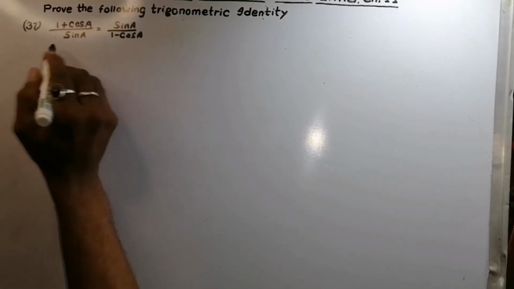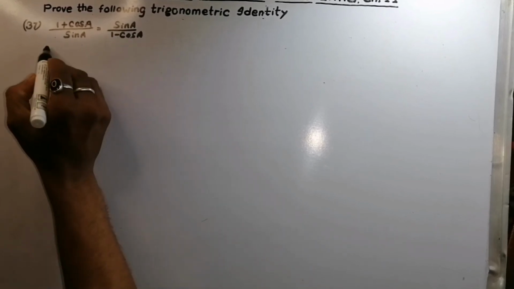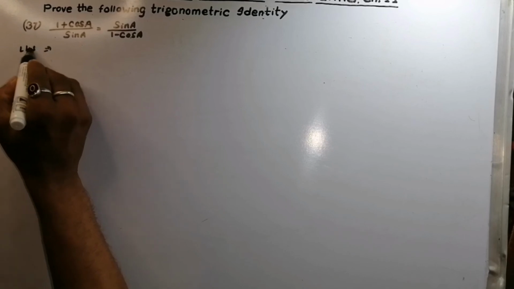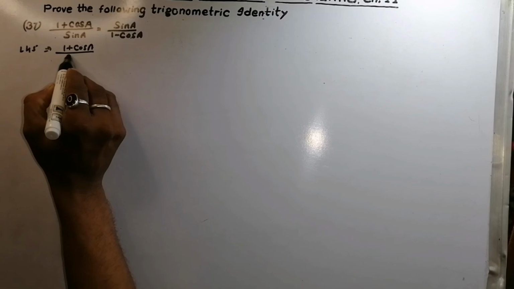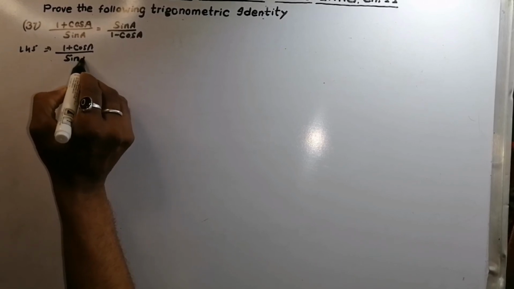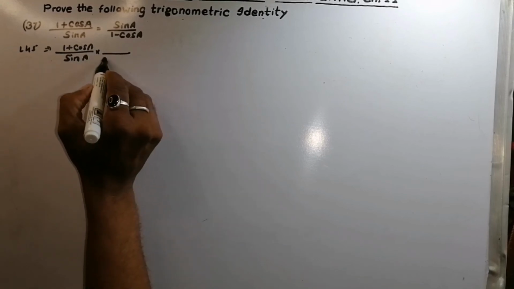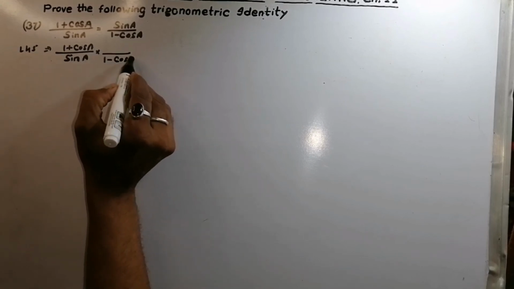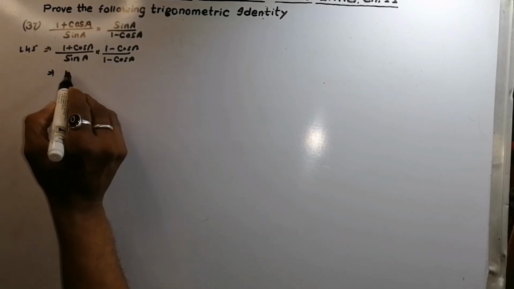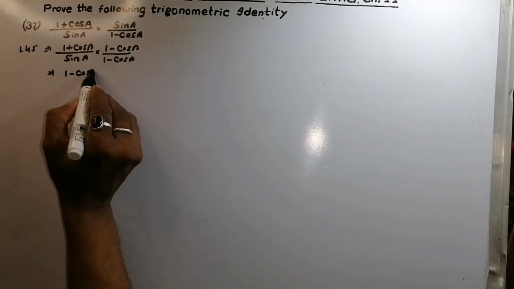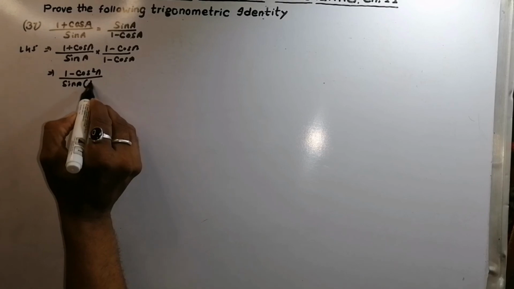In this question number 37, (1 plus cos a) upon sin a is equal to sin a upon (1 minus cos a). Simply, take the left hand side, 1 plus cos a upon sin a, and multiply by the opposite of the numerator, means 1 minus cos a upon 1 minus cos a. So it becomes 1 minus cos square a upon sin a into 1 minus cos a.